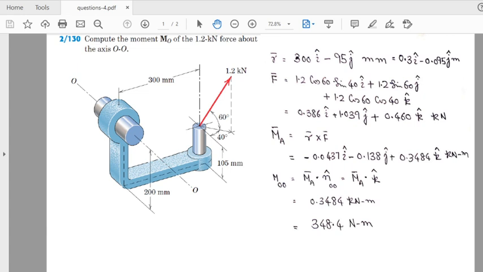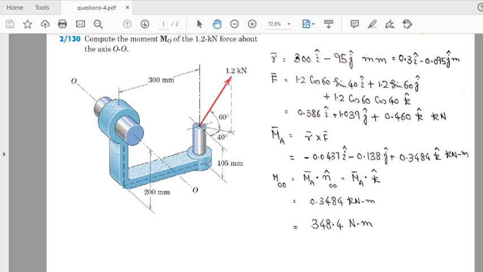Starting from the origin at the 90-degree angle of the bracket, we are moving through a distance of 300 millimeter along the x direction, and then we are moving 105 millimeter along the y direction.